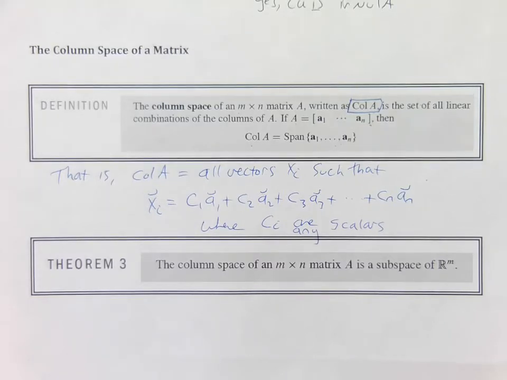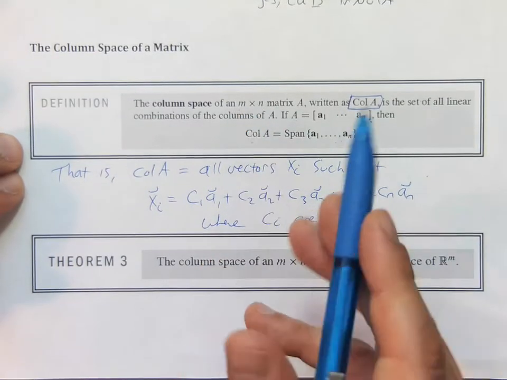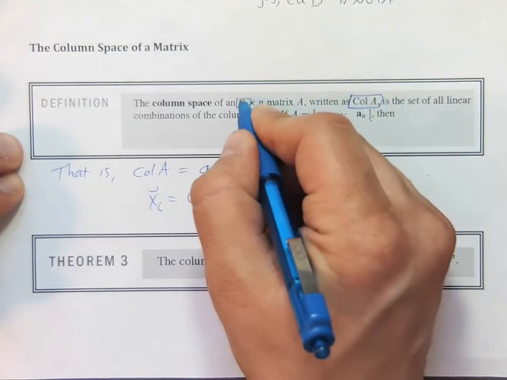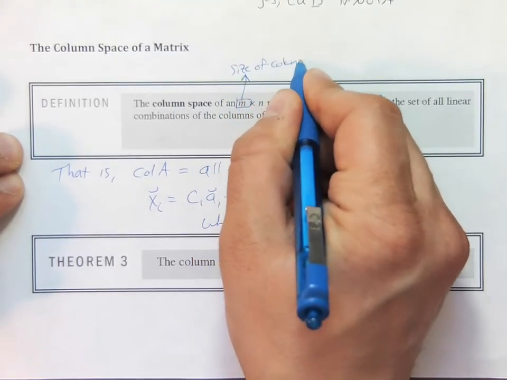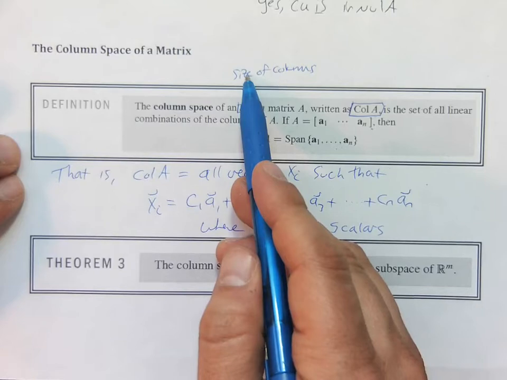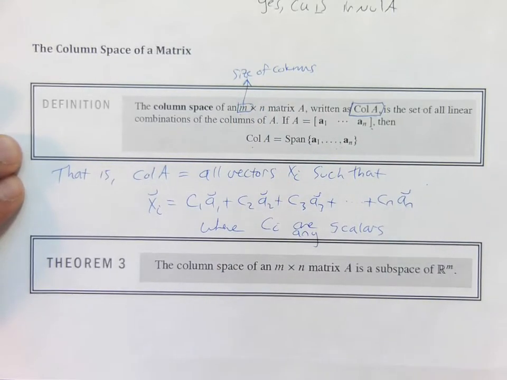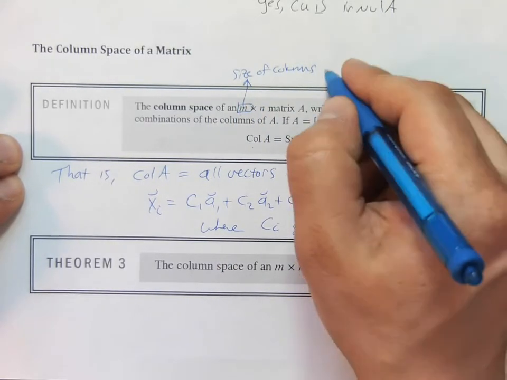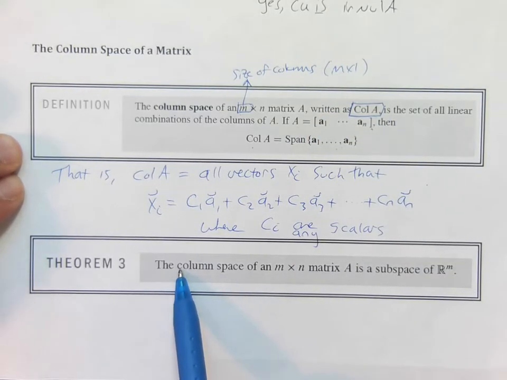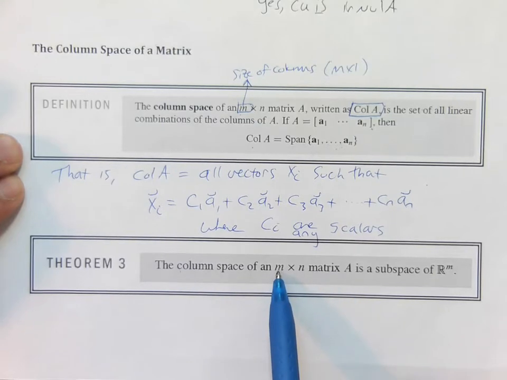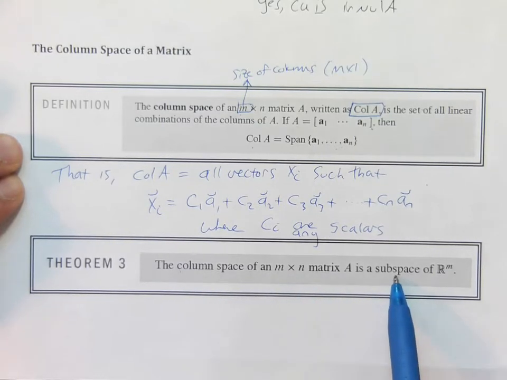And so these columns, right, so the matrix is size m by n, and so m is the size of the columns. Each individual column is m by 1, just to be clear. And so that means Theorem 3 applies right away. So the column space of an m by n matrix is a subspace of Rm.